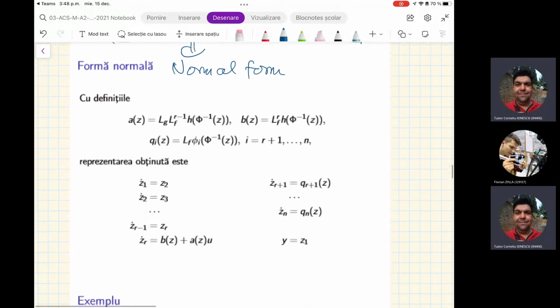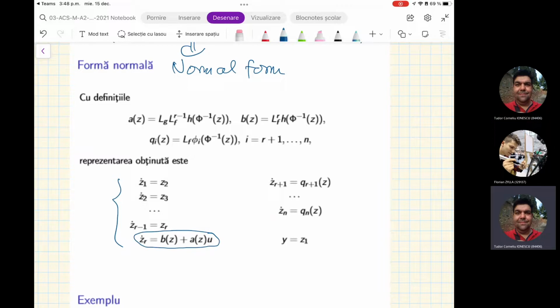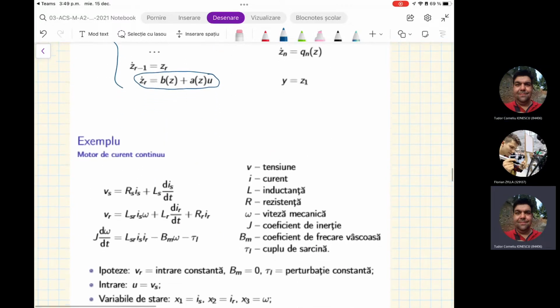This is the normal form, where Zr, you see, has the control u, and all the rest of them are these functions Q defined like this. These are going to actually induce the notion of zeros of a nonlinear system.